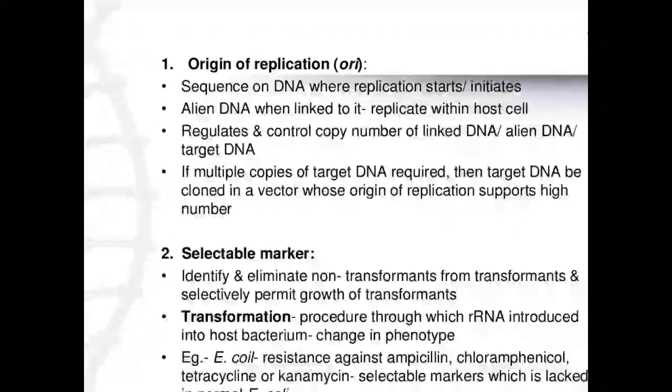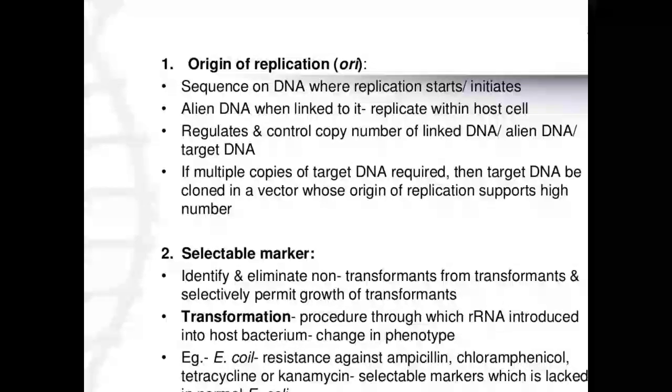Now come to the origin of replication or ORI. It is the sequence on the DNA where replication starts. When alien DNA is linked to the ORI, it replicates within the host cell, and it regulates and controls the copies and number of the linked genes, the alien gene, target gene or foreign gene.